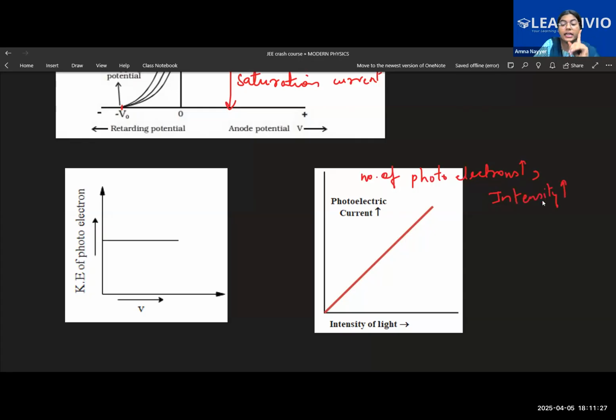So remember, intensity depends only on the number of photoelectrons and nothing else. This statement is very important. You will see it in some questions relating to kinetic energy. Remember, intensity and number of photoelectrons are directly proportional to each other. Kinetic energy is independent of this intensity.